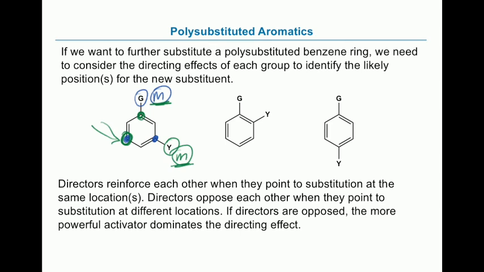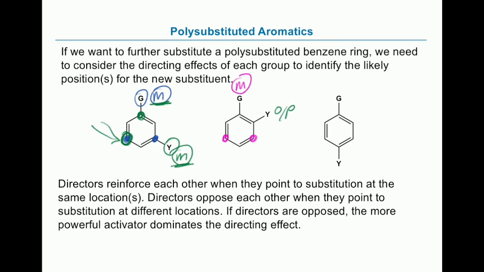All right, what if, let's take the second one, do a different one. If this one was, let's say, meta-directing, and this one was ortho-para-directing, let's do the same analysis. This is meta-directing by pink, which puts it there or there.